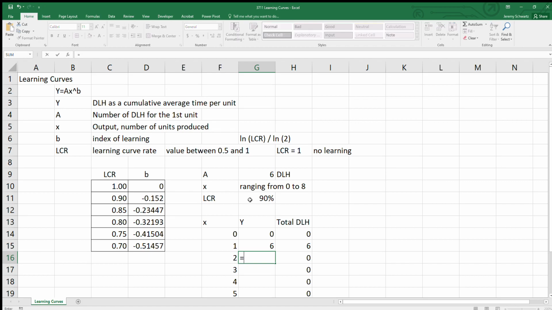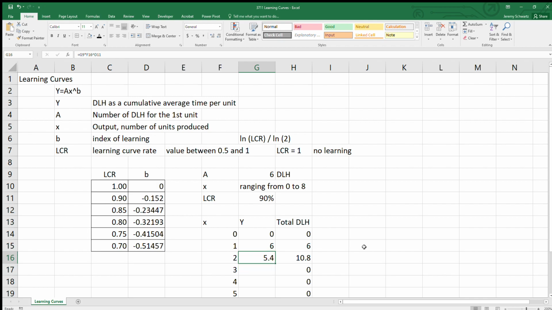So we will take Y equals A multiplied by the X value, well the X value is here, and then raised to the B power. Now we could go through this formula, but since we have the table right here, we'll just go back to this amount here in terms of the B. So the B is negative 0.152. So we hit enter and see what happens.